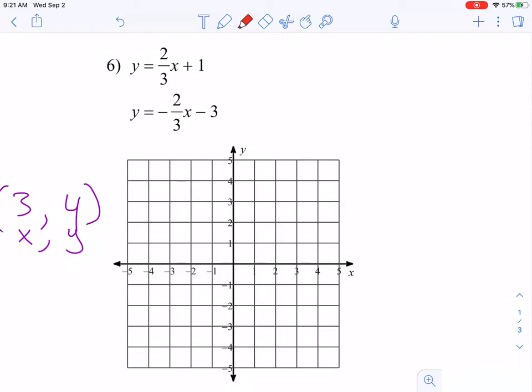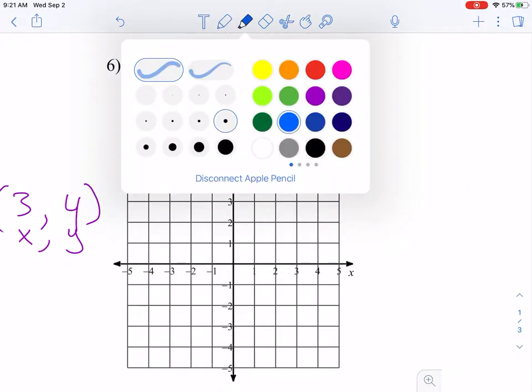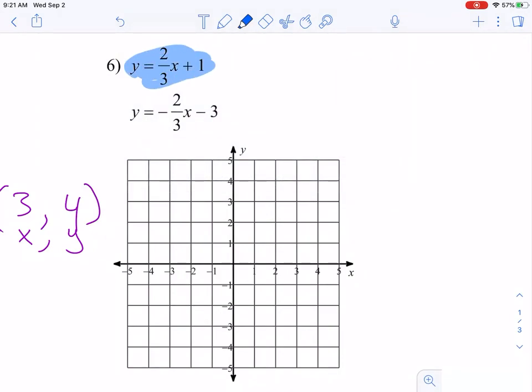All right, same thing with number 6. So I'm going to begin at 1, and I'm going to count up 2, right 3. I could also count down 2 and left 3.